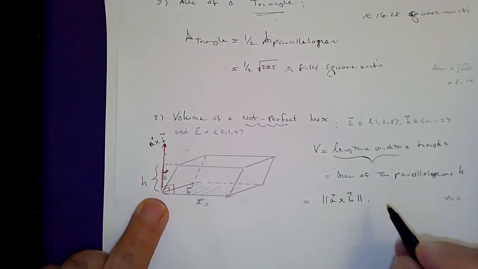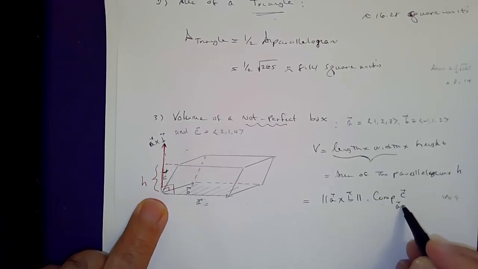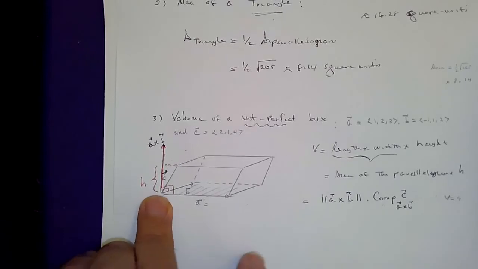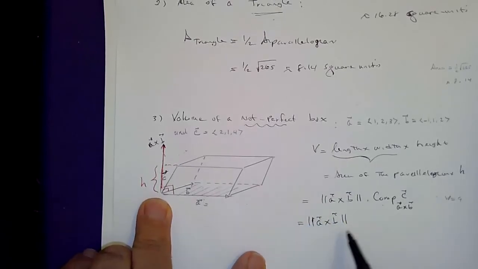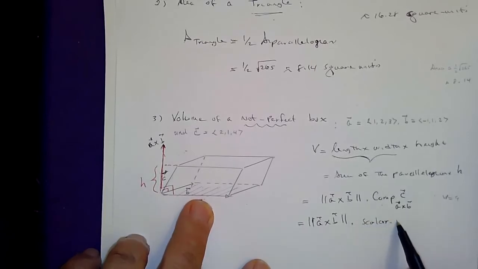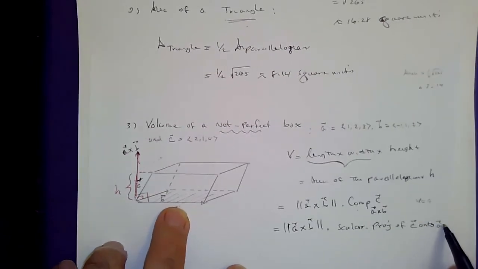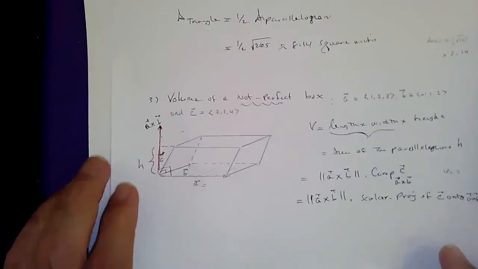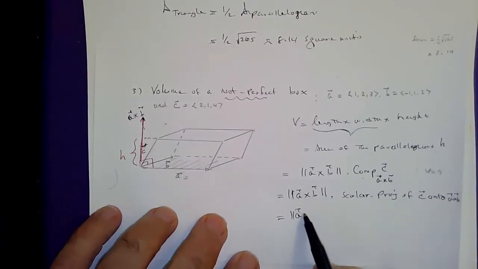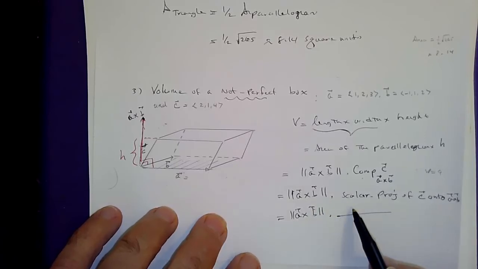Do you see it? So how do I find h? Well, remember, h is the same as the scalar projection of C onto A cross B. So this would be the magnitude of A cross B, the area of the base, times the scalar projection of C onto A cross B. Well, what is the scalar projection of C onto A cross B?